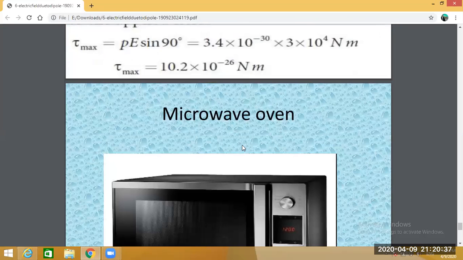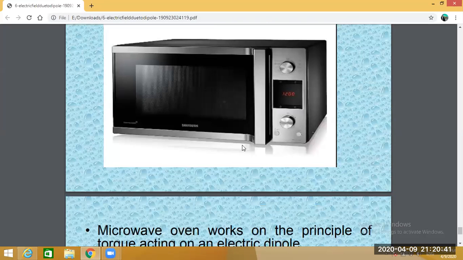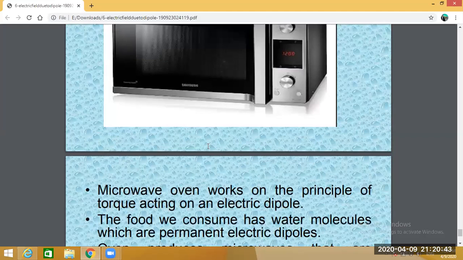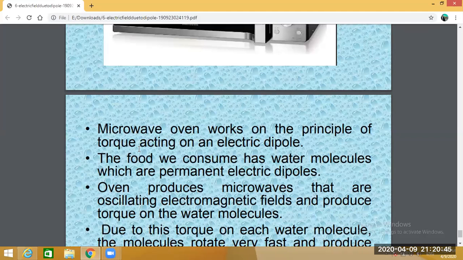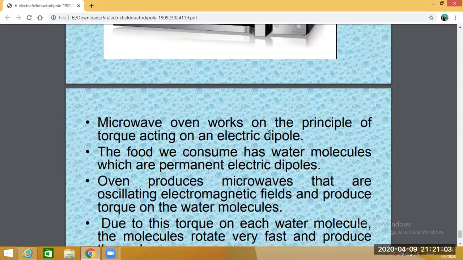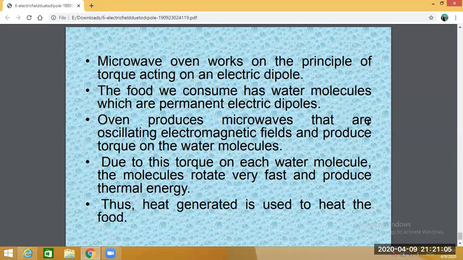In a microwave oven, the torque on a dipole moment is used. How? Microwave oven works on the principle of torque acting on an electric dipole. The food we consume has water molecules which are permanent electric dipoles. We discussed earlier that a water molecule has a permanent electric dipole. So the oven produces microwaves that are an oscillating electric field, an electromagnetic field.